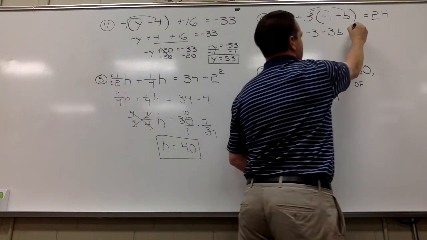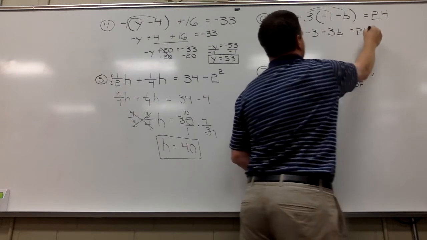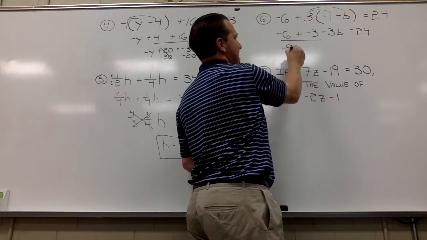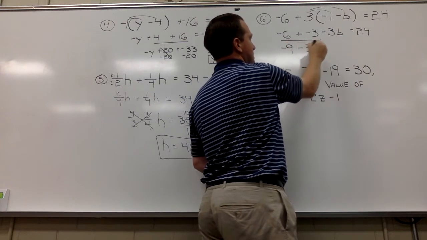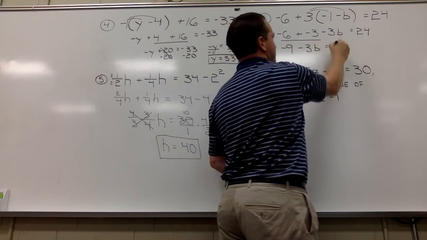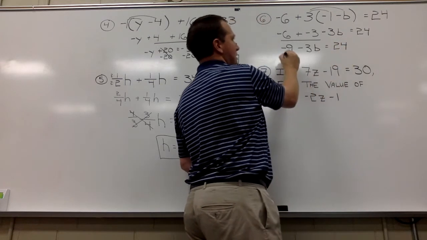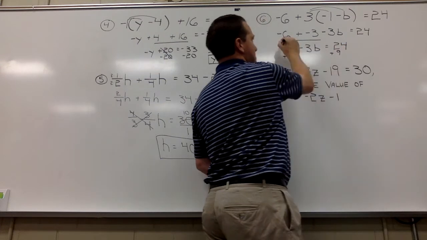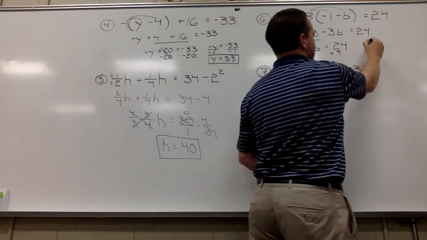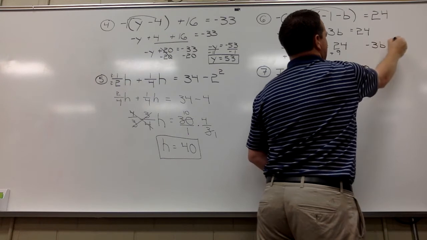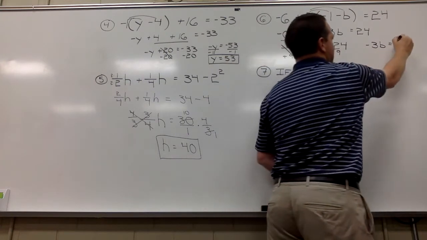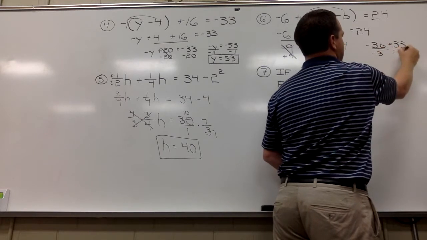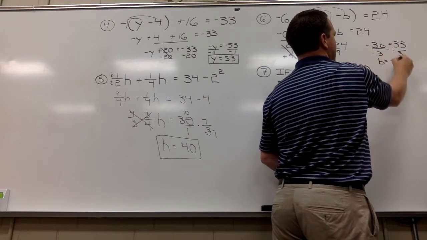That'll equal 24. Left side, my like terms, -6 and -3, -9 minus 3b will equal 24. I'm going to add 9 to both sides. -3b will equal 24 and 9, 33. Divide by -3, and b will equal -11.